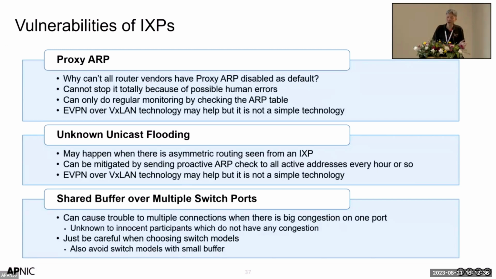If their port is full and your switch has a shared buffer among multiple ports, that would cause issues to the other ports sharing the same buffer. It happens if you choose the wrong switch.